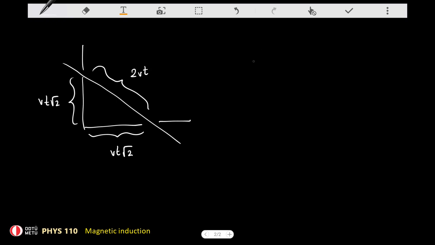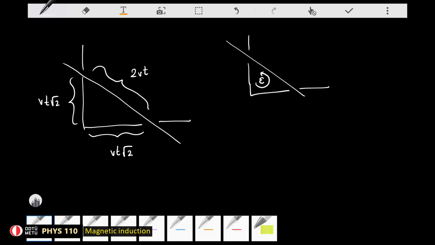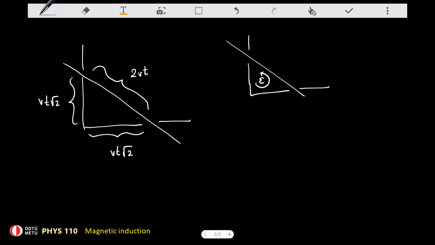The second thing is I'm going to draw this again in a separate graph. I'm going to show a direction in here. So let's just choose that direction. I'm going to compute the EMF along that direction. For this reason, we need to choose an area vector. The area vector would be pointing, in that case, out of the screen. Let me draw it in here.